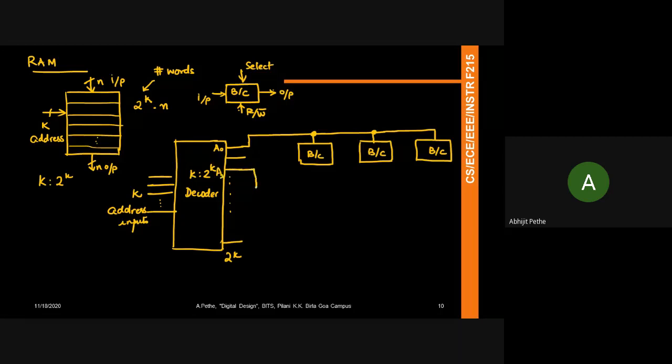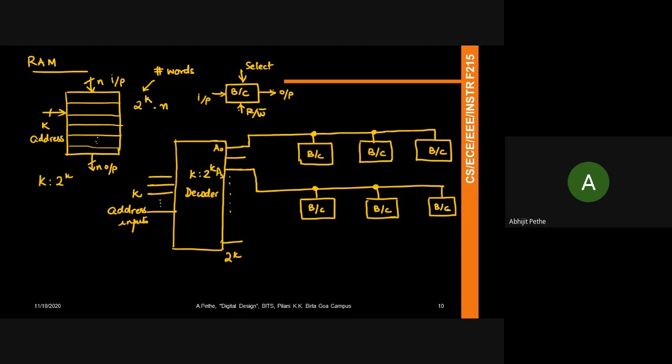A2 will again be connected to 3 bit cells. I'm just taking A0 and A2 because it's easier to draw. I didn't want to squeeze another one there. But you can imagine that these are basically identical arrays sitting next to each other, and I have a 3rd bit cell sitting here, right?